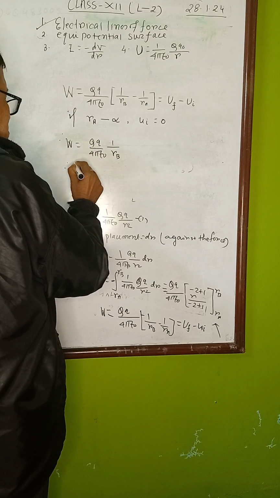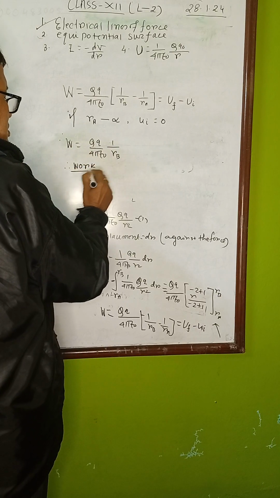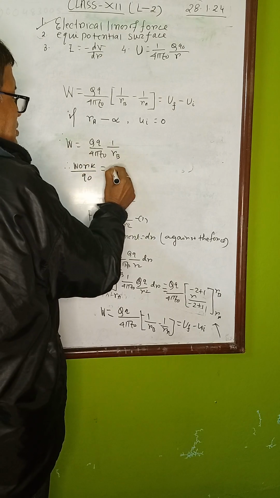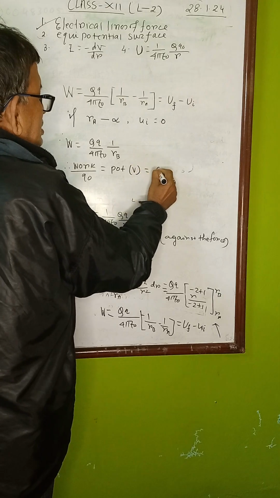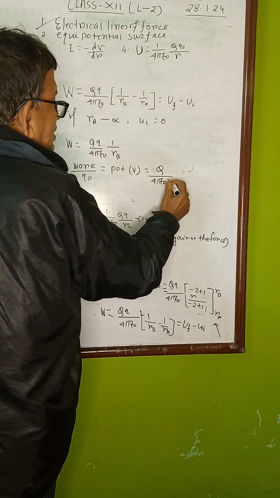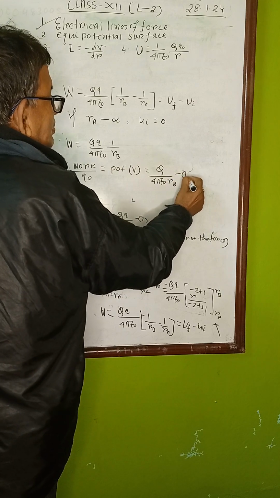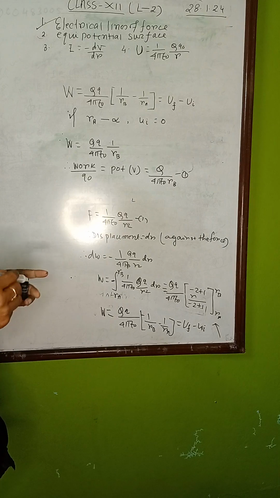Now work done by charge equals potential, V equals Q by 4 pi epsilon naught RB. This is the formula for potential at the point B. Thank you all.